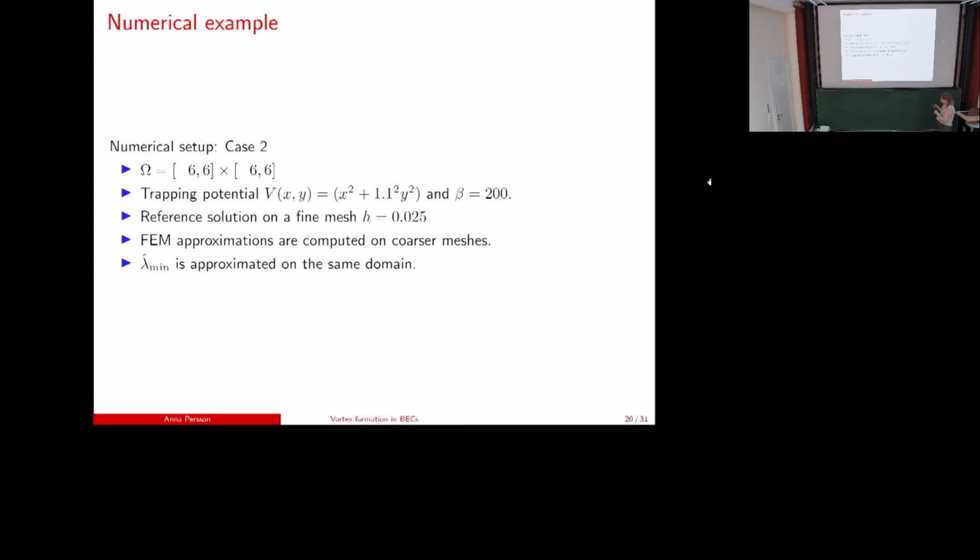Also, I reduced my beta a little bit because it gets less messy, so we have fewer vortices. We compute a reference solution on some fine mesh, and I compute finite element approximations on coarser meshes. And as before, my indicator, the lambda minimum, is approximated on the same domain, so it's also approximated on this square.